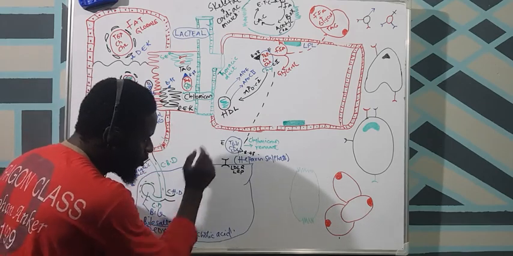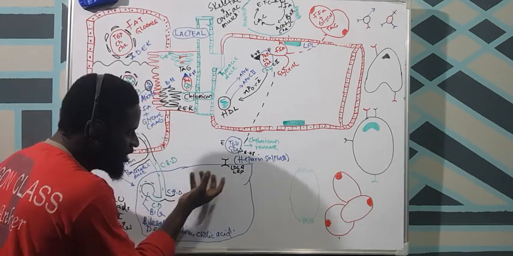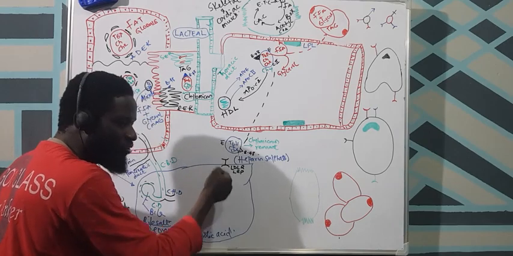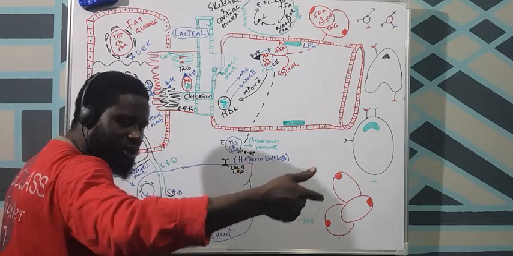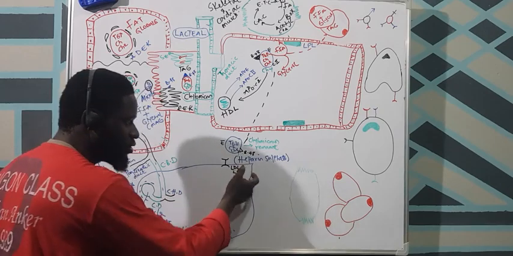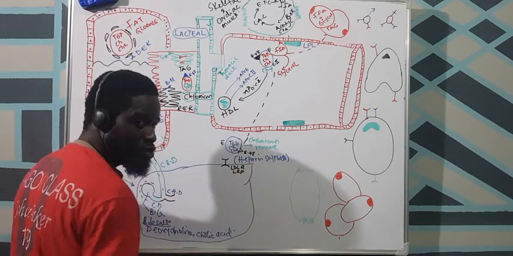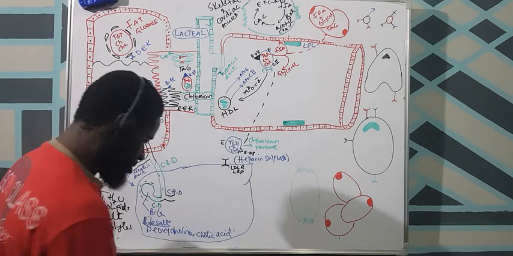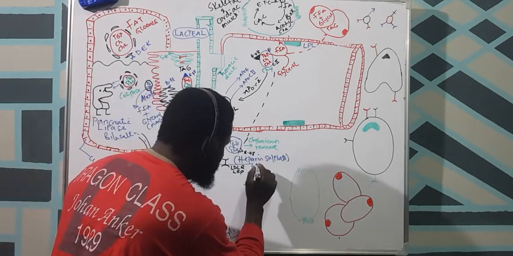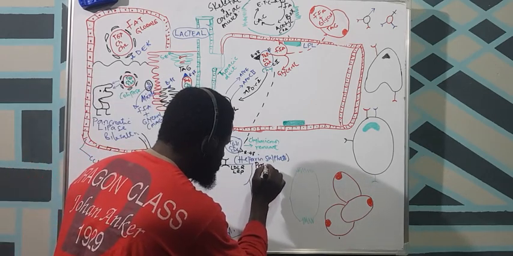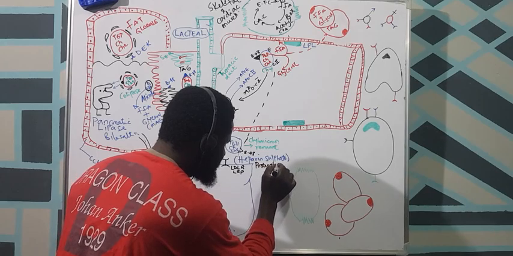So the ApoE has a high affinity for binding the LDL receptor or LDL receptor related protein, while B48 binds to the heparin sulfate or the proteoglycans. You can also call them proteoglycan.